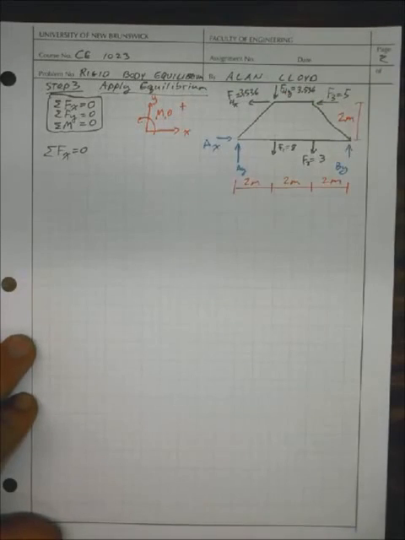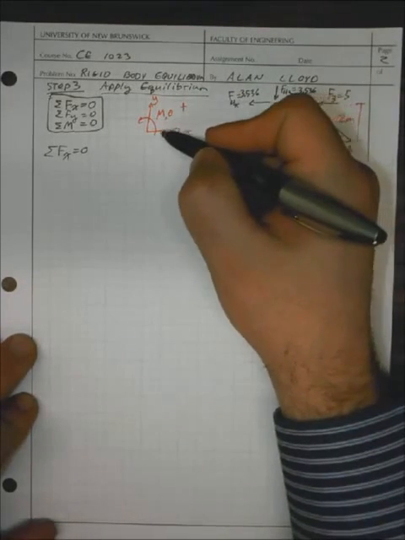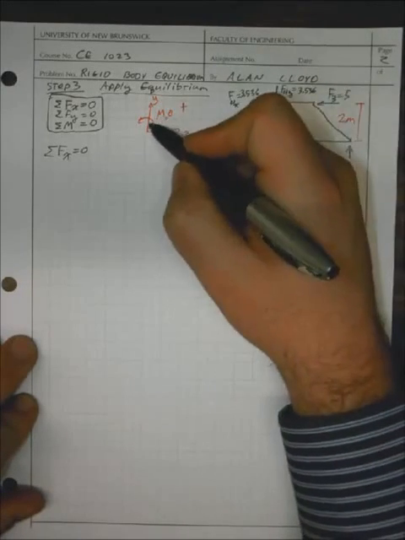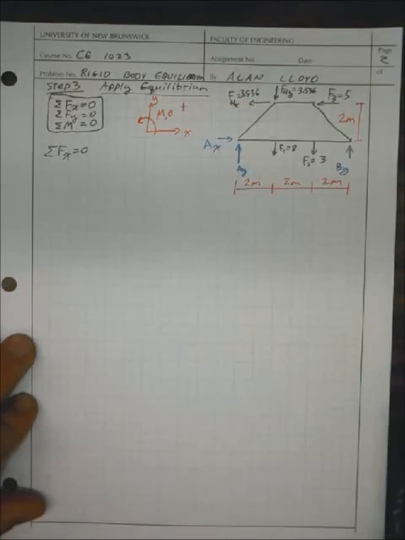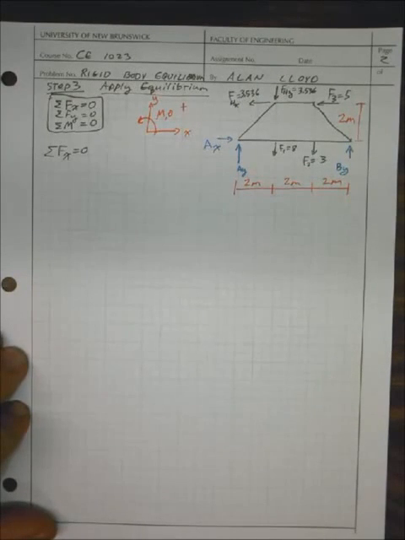So if X force is going to the right, it's positive. If a Y force is going up, it's positive. And if a moment is acting in the counterclockwise direction, it's positive. Also, if an angle is acting in the counterclockwise direction, starting at the X axis of the XY plane, then it's positive, starting from 0.